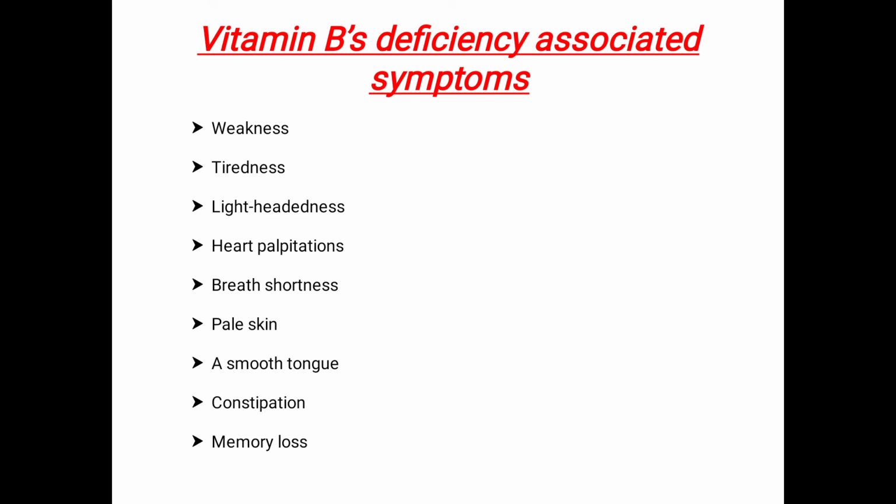So these all diseases do have some symptoms with them, right? So what are the common symptoms? They are heart palpitations, then constipation, memory loss, weakness, and pale skin color. So these are different deficiency symptoms which are there.